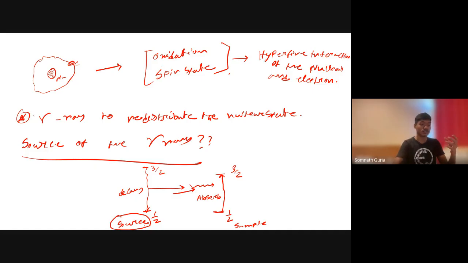Then we'll get the Mossbauer spectra depending on the electron density. Okay, so these are the fundamentals we need to follow up in the upcoming session. I will try to make some problems and we'll work through them.